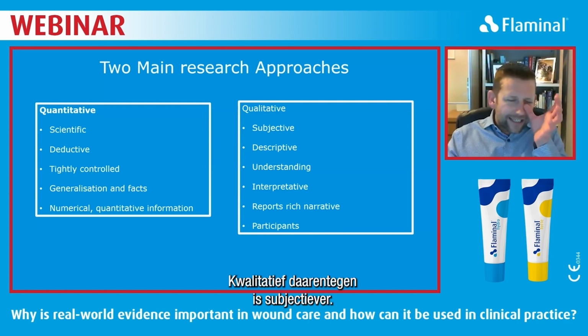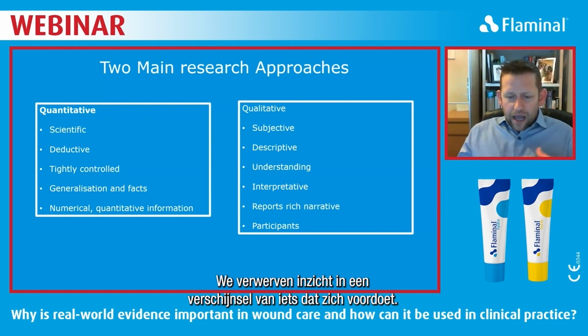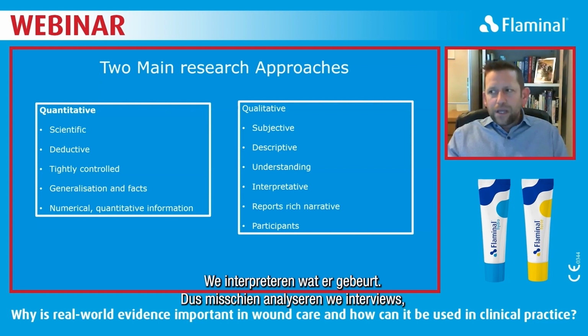Qualitative, on the other side, is much more subjective. We are looking much more at descriptive elements here. We are gaining an understanding of a phenomena, of something that's going on. We interpret what's going on.